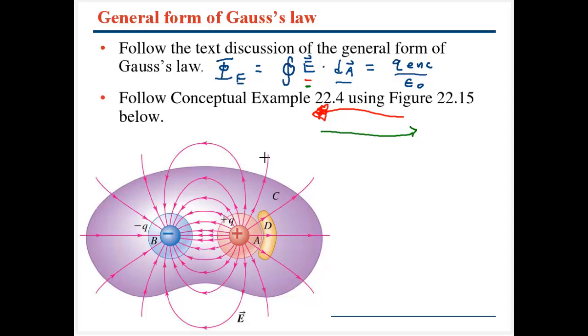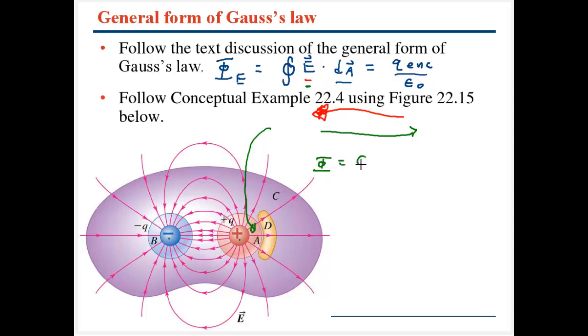Now let's just talk about this in terms of flux for just 1 second right here. Suppose we have a negative charge over here and a positive charge over here. We can draw several different surfaces and calculate what the flux is. If we look at surface number A here, we can figure out what the flux is.